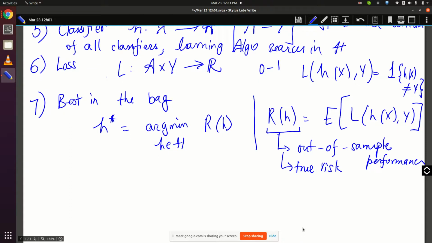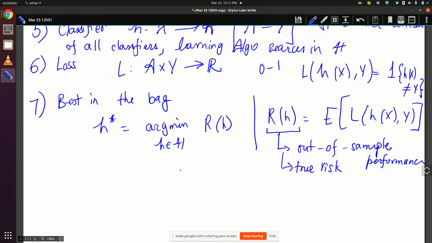Ideally, what should the learning algorithm do? The ideal learning algorithm should minimize the true risk, or your out of sample performance.